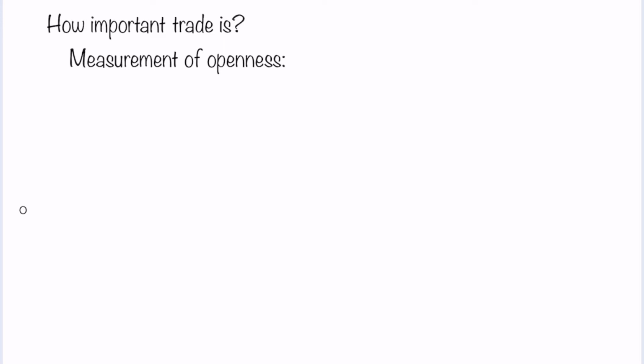So now I would like to define the measurements of openness, and I want you to think about how to measure that. Given that trade is an important feature of the openness of an economy, we want to focus on variables related to exports and imports. But first of all, if we use only exports as a measurement of openness, we need to admit that it is not quite a good measurement, because it is possible that the economy does not export at all, but the economy imports quite a lot.